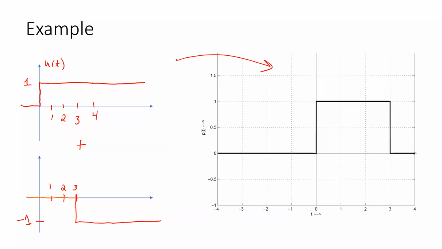And from that point onward, I have 1 minus 1, or 0. So if I call this function P of t, it equals u of t minus u of t minus 3. That combination of signals leads me to this. The sort of thing that you have in the homework is making those combinations and all that kind of stuff.